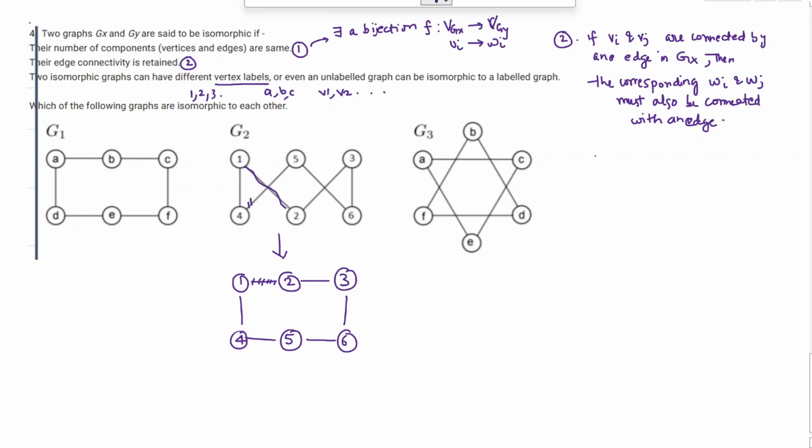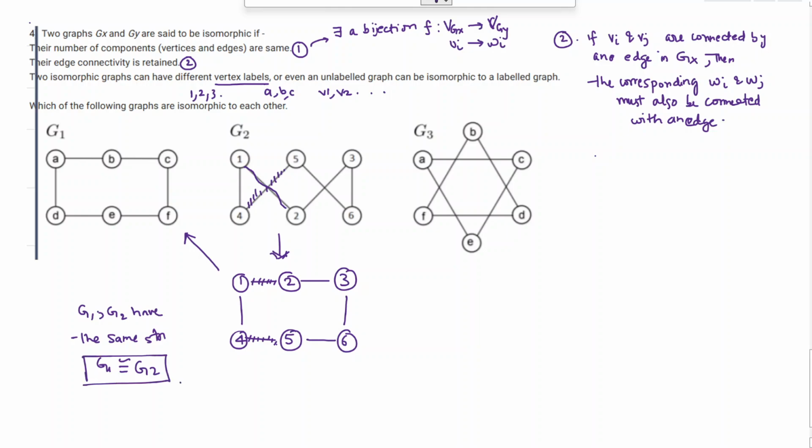The edge from 4 to 5 actually comes here, right? So you can see that the structure of the graph is maintained, and this is the same structure as this. So G1 and G2 have the same structure, or you can say G1 is isomorphic to G2.